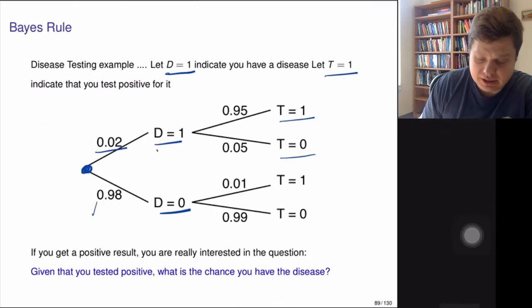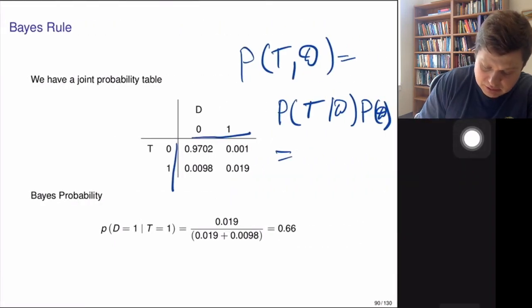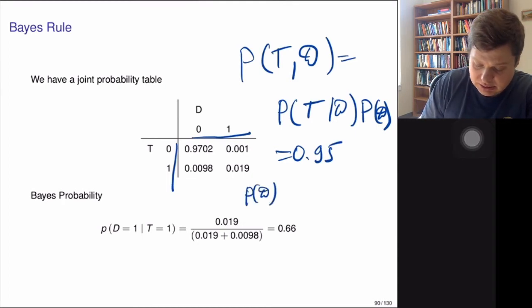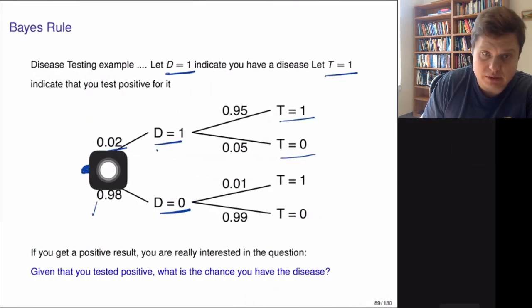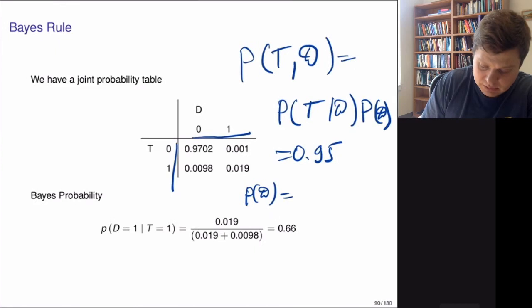So if a person is sick, then the probability of having a positive test is 0.95. And the probability that a person has disease is, you remember, the prior probability was 0.02, times 0.02.